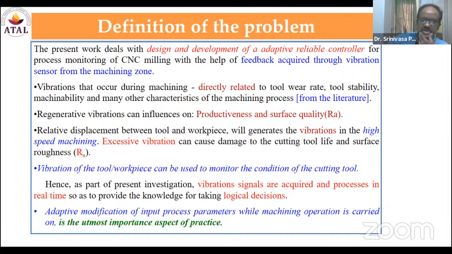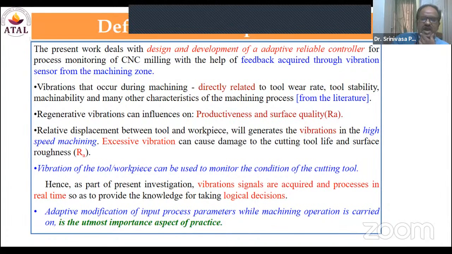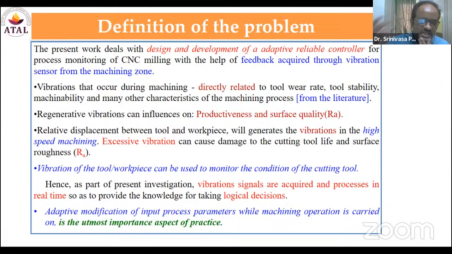The main task here is to collect the information about the vibration, quantify the vibration signal, develop the relationship between the surface roughness and the vibrations, and then relate these two parameters, roughness values and vibration values, in defining the flank wear.